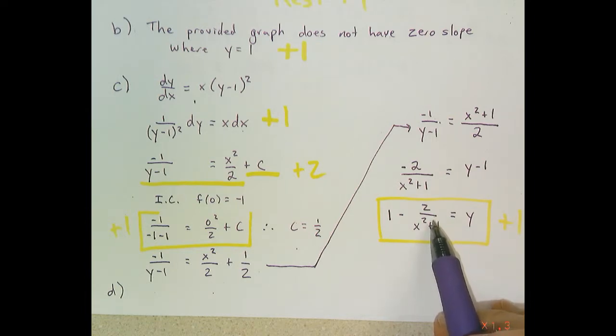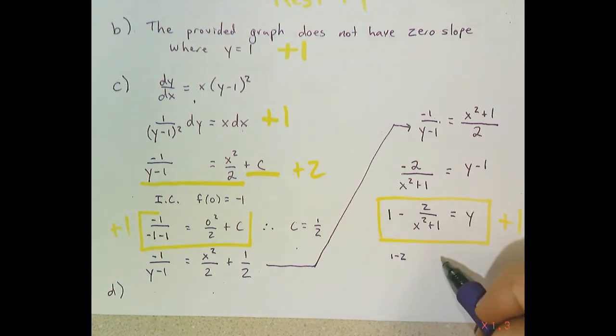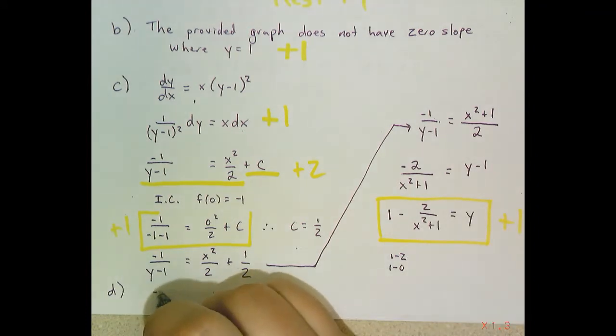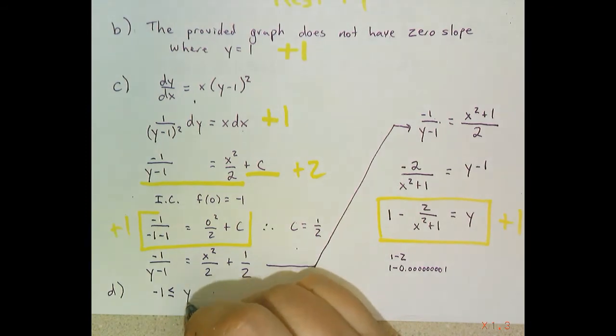So what we can say is that we have essentially 1 minus 2 and 1 minus 0 as our lower and upper bounds. It definitely can have the 1 minus 2, so our lower bound for y is negative 1. It can get almost to 0, so our upper bound is going to be 1 minus almost 0.